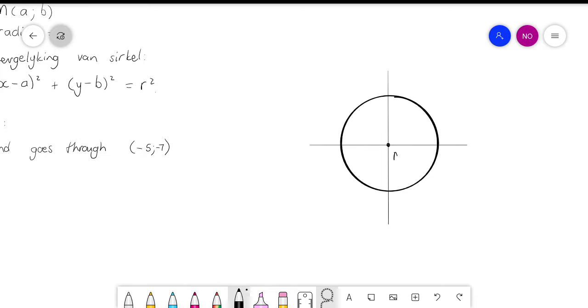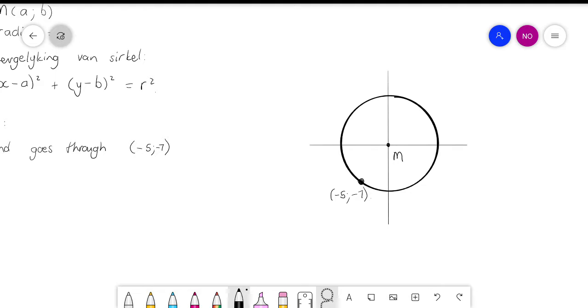So die middelpunt van hierdie sirkel is by die oorsprong, en as hulle sê, hy gaan deur die punt minus 5 en minus 7, beteken dit ergens in hierdie kwadrant is die punt minus 5 en minus 7. So they mean that the circumference of the circle, that point negative 5 and negative 7 is on the circumference of the circle. Okay, goed, so ons skoor twee goeders om die vergelyking van hierdie sirkel te kan kry.